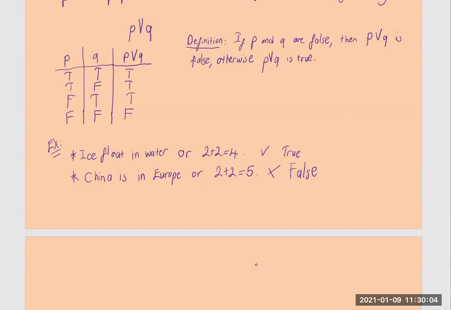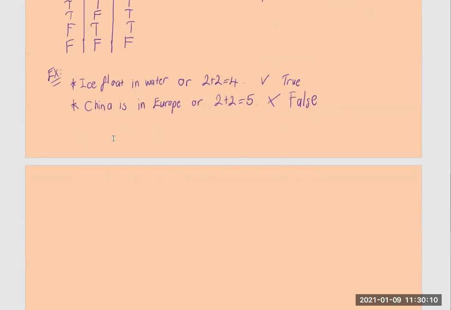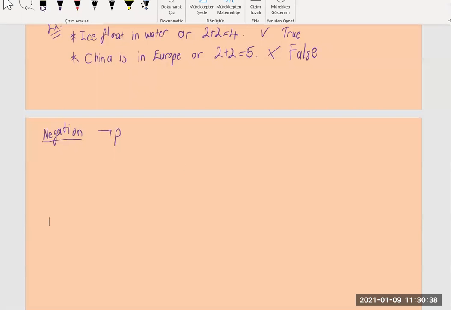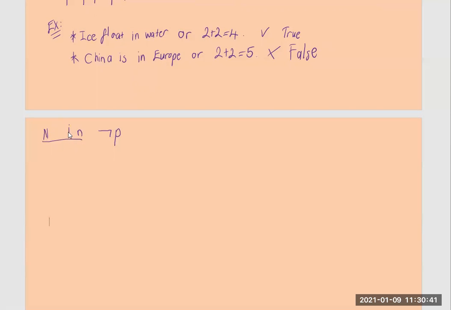And the next one is negation. We will write the negation with that symbol for the P statement. Okay, negation.